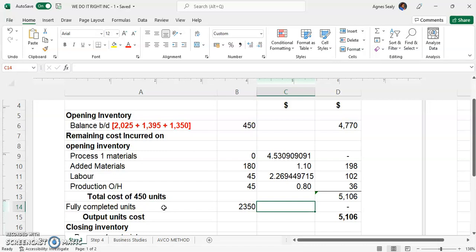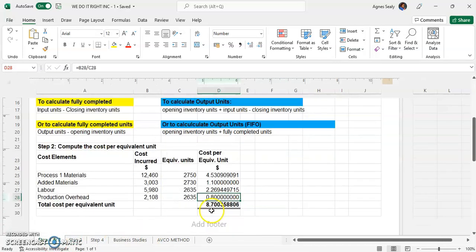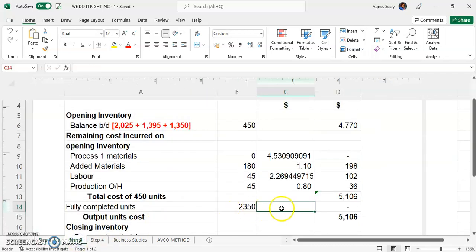Because since these units are finished in totality, it means that these units will have some process 1 material in them, some added material, labor, and production overhead. So all of the cost elements are here in these fully completed units. So the easiest way to compute the value would be then to go to the total cost per equivalent unit, which gives us the cost for all the cost elements, and use this figure here to calculate the value of our fully completed units.